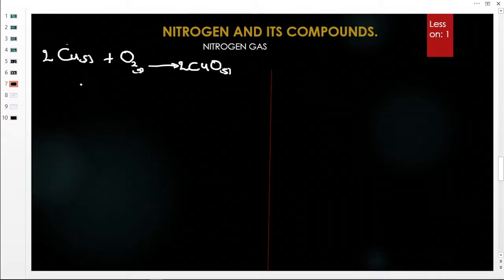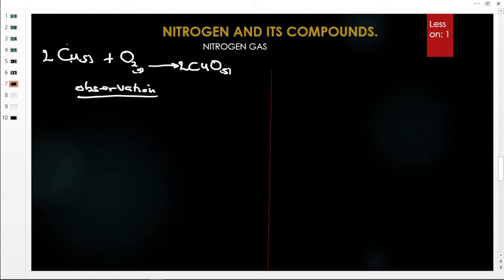Then there is what we call an observation. This is copper as a solid, a brown solid, reacting with this colorless gas which we can't see, then it's going to produce a solid. This solid is going to be a black solid.